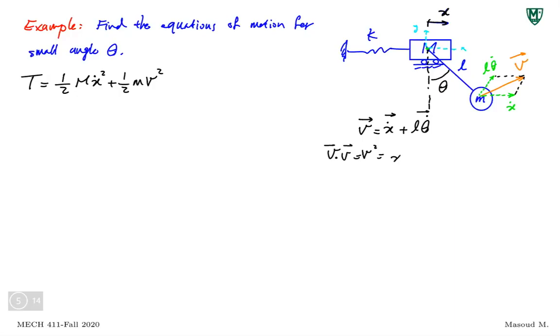It becomes x dot squared plus L squared theta dot squared plus 2 x dot L theta dot cosine of the angle between them. It's a vector form.